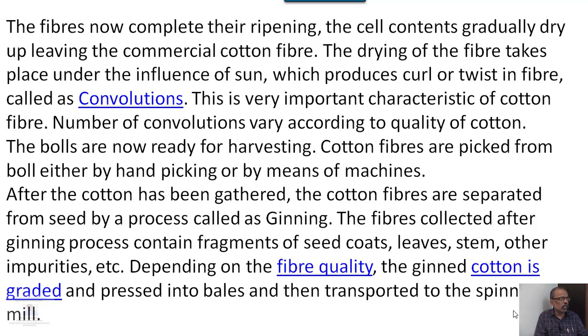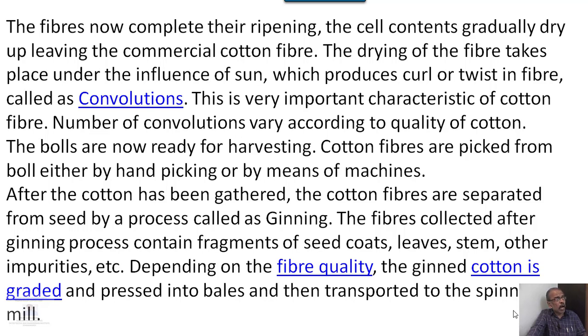Of course, there will be variation in this one. Now, all these fibers coming from the same seed, 2 to 3,000 fibers which come out of the same seed, even they have, each of these fibers has different characteristics as compared to the neighboring fiber from the same seed. So that is how it is there.